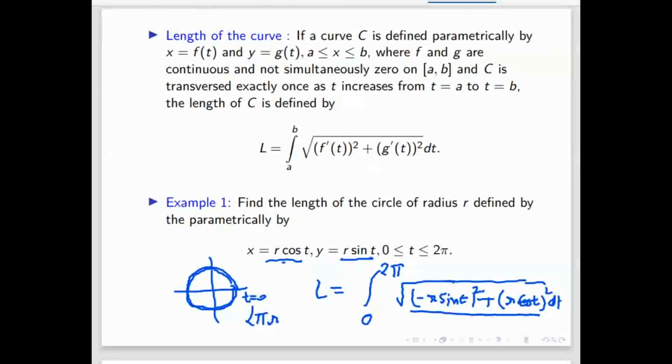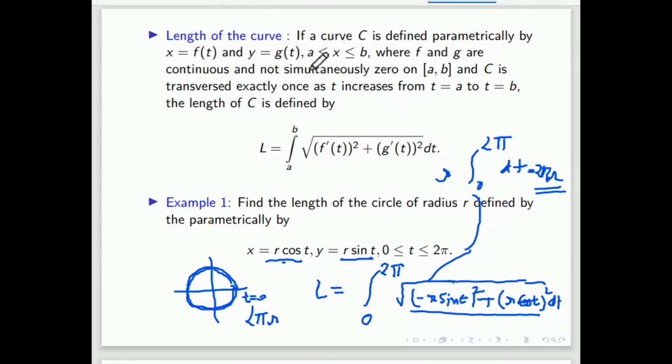This will give r square, then square root of that will give r. So this will become r integration from 0 to 2 pi dt, and this is nothing but 2 pi r. That means how much particle will move from t 0 to 2 pi is 2 pi r.